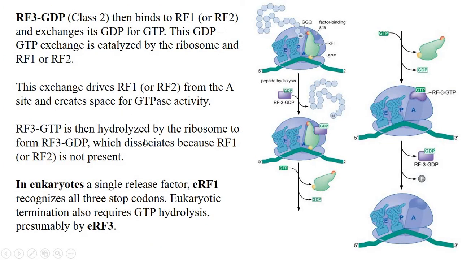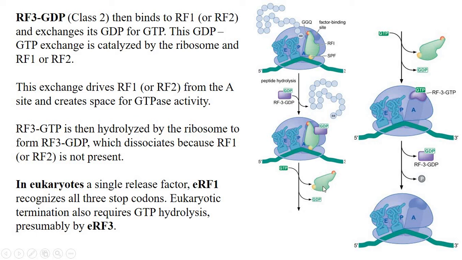Okay, this RF3 GDP class 2 release factor binds to RF1, or RF2 if RF2 is present here in prokaryotes, and then exchanges its GDP for GTP. So this binds here, exchanges GDP for GTP, and this helps release release factor 1 from the A site.